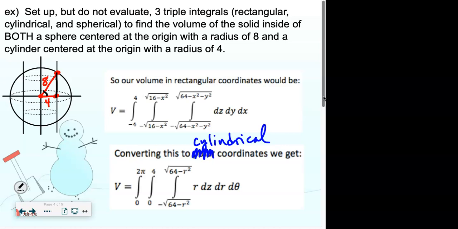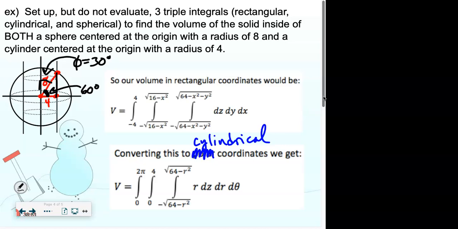I just think x, 2x, x root 3. So if this is an x, this is a 2x and this is an x root 3, then this has to be a 60-degree angle. But that's not my phi. My phi has to come from the z-axis over. So if this is 60, then my phi is 30, or pi sixths. So my phi is going from 0 to pi sixths.